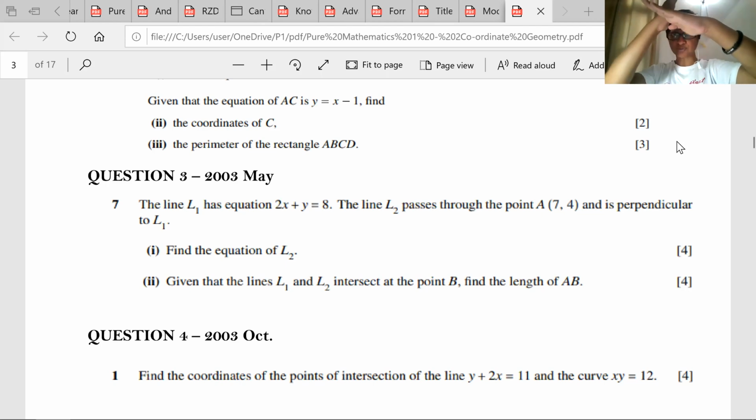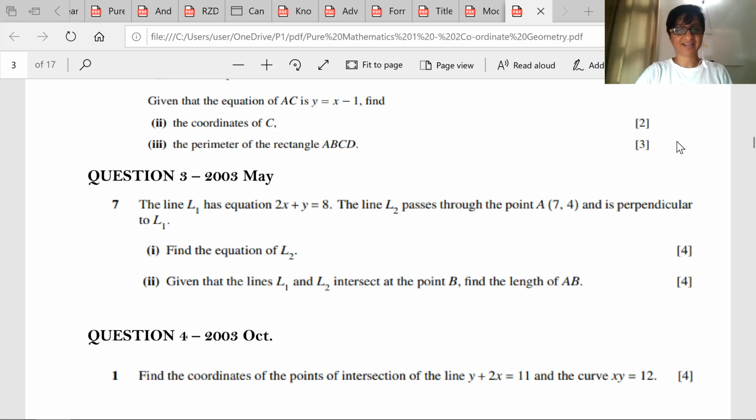Gradient of L2 is, turn it upside down, change the sign, half. I didn't use any pen or pencil. Then the equation is, you look at the coordinates here, y minus 4 equals half times x minus 7. You can just say it. This could have been an oral test. Do you see how that's 4 marks.